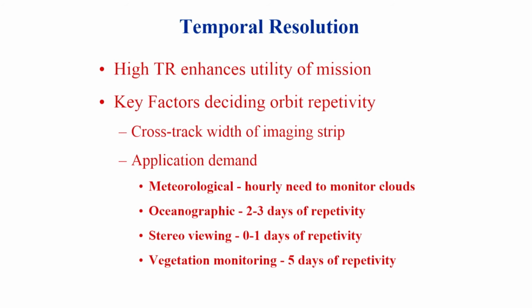Then temporal is basically the time after which the satellite repeats itself and collects the information, the picture, of the same area. Initially most of the satellites had a fixed geometry, a fixed platform, and only sensors could be tilted. So once in a while, if it was tilted, you could have a repetitivity with a different angle.